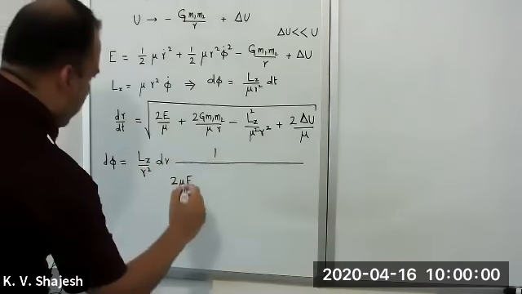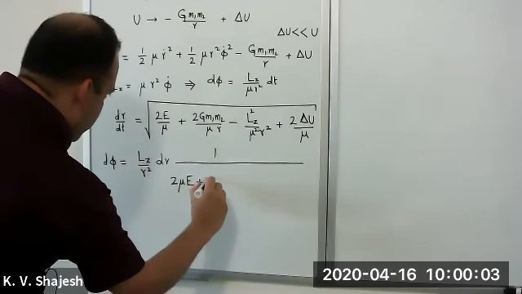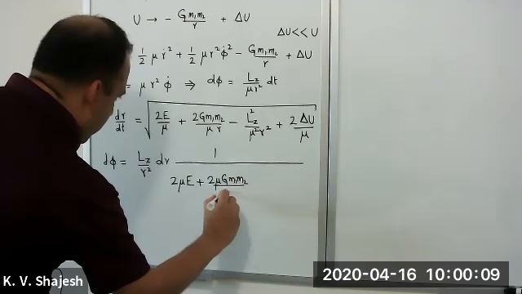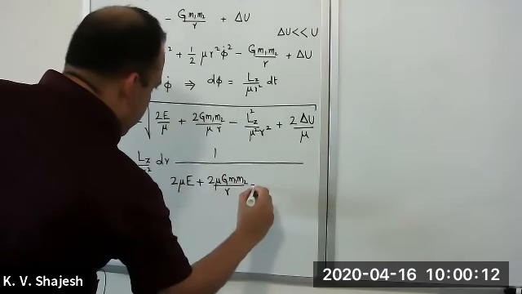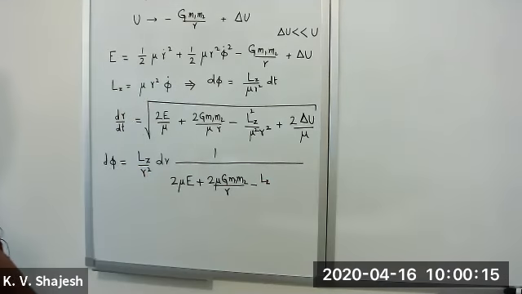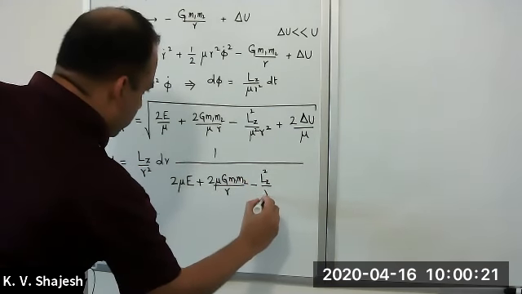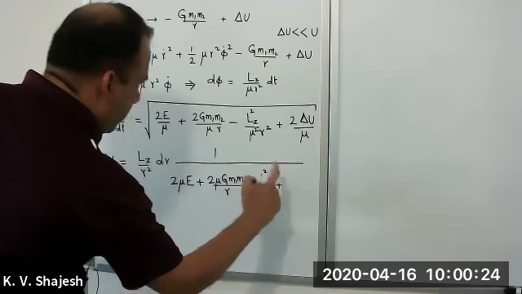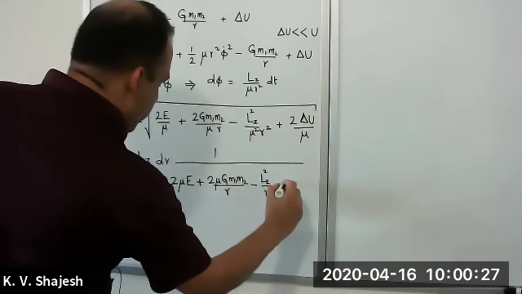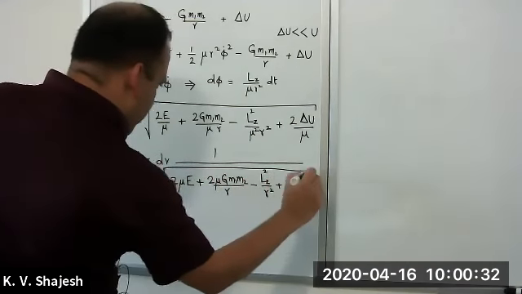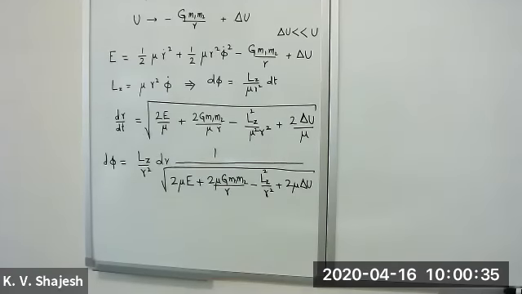Same relation, plus 2 mu G m1 m2 over r, minus Lz square over r square, plus, multiplying by mu, just 2 mu delta mu. Okay, did I do everything? Not yet, actually, still processing. Okay, so in a certain form, just manipulating. The idea is the same.